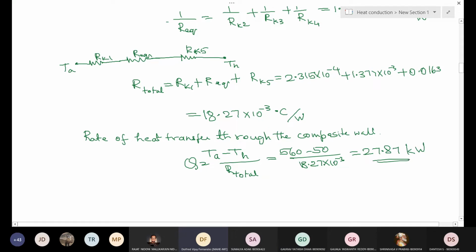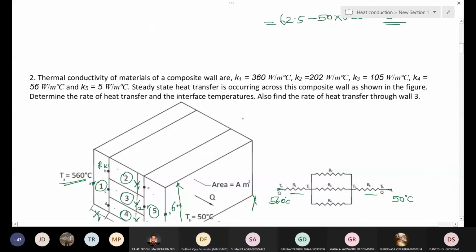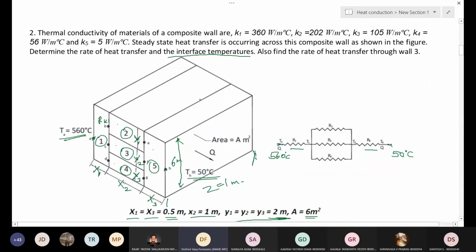Then next part is to find the interface temperatures. First, determine the rate of heat transfer and the interface temperatures. You have to clearly underline what I asked in the question. Sometimes you overlook it, then you will miss. Interface temperature means which temperature we have to find.